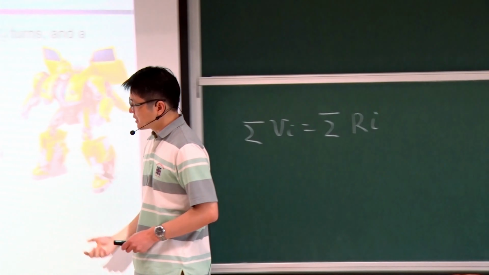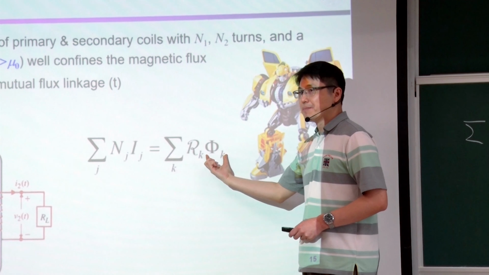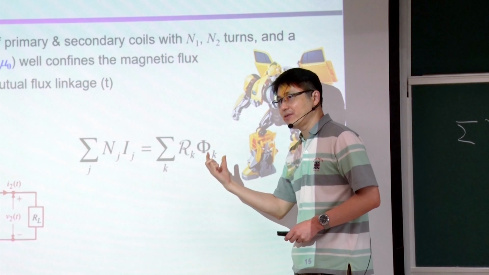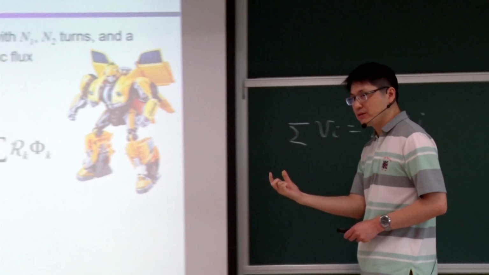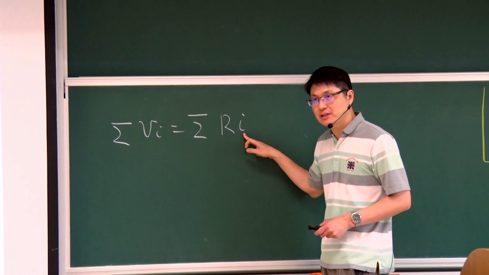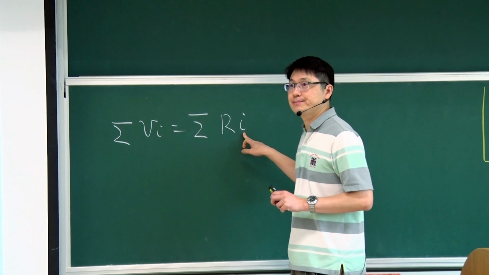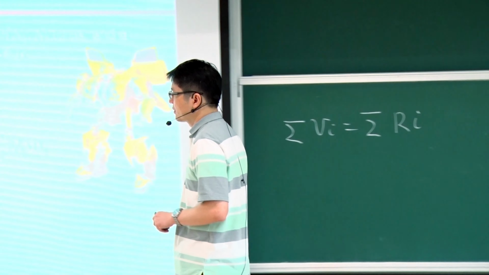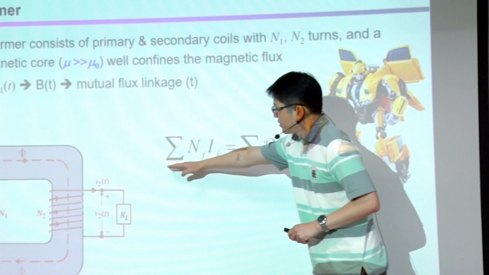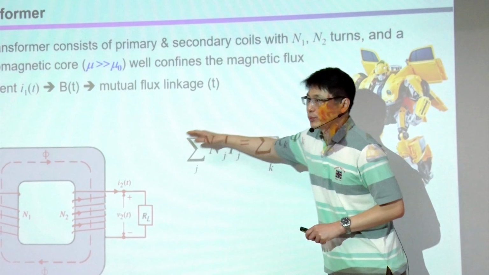In a magnetic circuit, the magnetic flux has the equal functionality as current in an electric circuit, right? So this is the equation we are going to borrow.